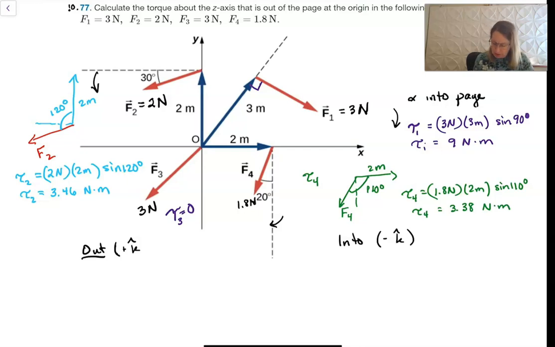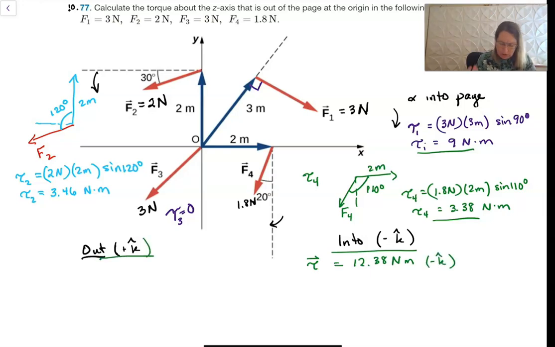Altogether, into the page, in the minus k hat direction, we have torques 1 and 4. That gives me 12.38 Newton meters in the minus k hat direction. Over here, the torque pointing out in the plus k hat direction is 3.46 Newton meters.